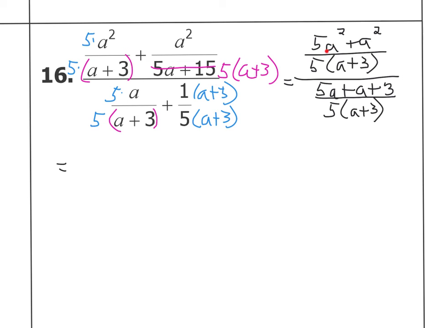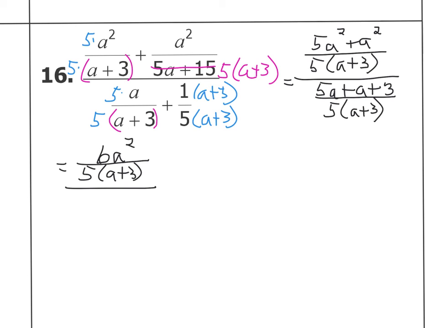Because these are like terms and the coefficient here is 1, I have 5 of these things plus 1 of these things gives me 6 of those a squareds all over the fully factored denominator of 5 times a plus 3. All over, collecting like terms here, I can collect the 5a with the a.